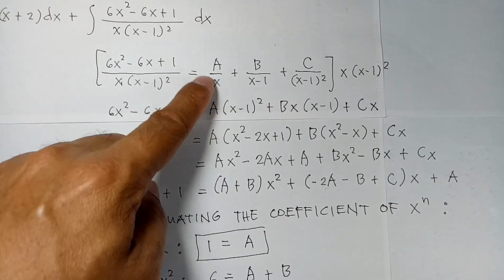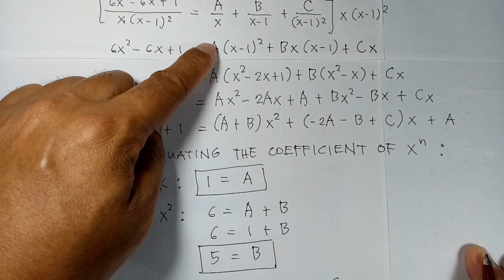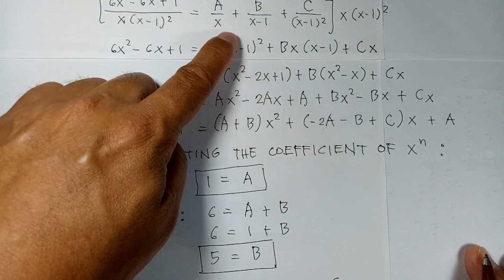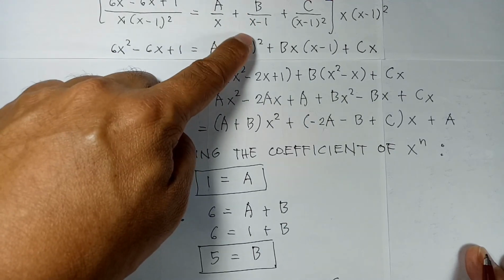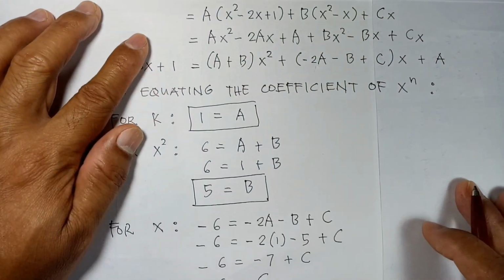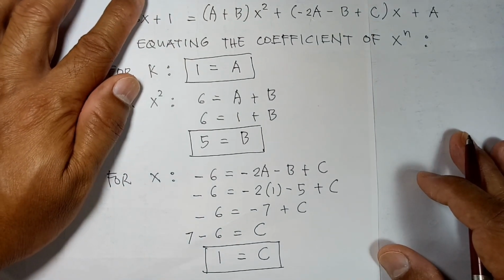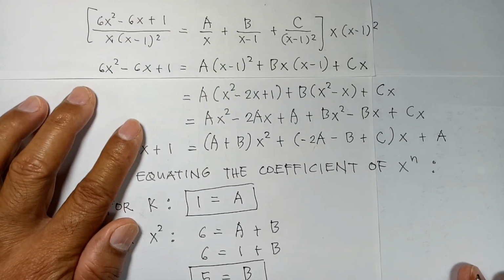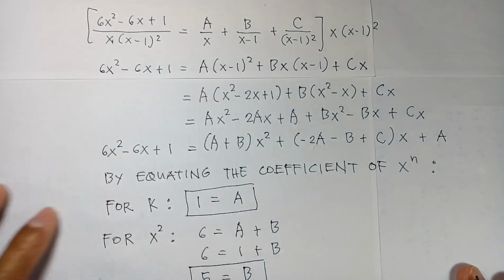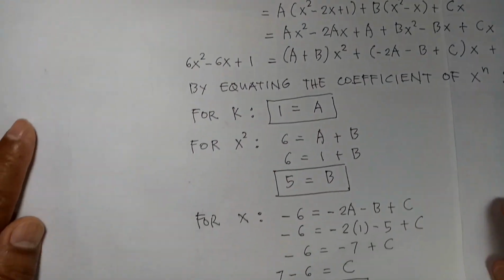A is 1, so 1 over x plus b divided by x minus 1. b is 5, so we'll have 5 divided by x minus 1. And then plus c over x minus 1 squared. But c is 1. Yeah, we will have 1 divided by x minus 1 squared.